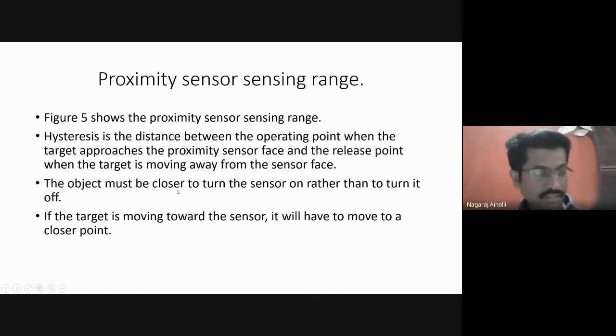The object must be closer to turn the sensor on rather than to turn it off. The object should be close enough that the sensor is able to detect it. If it is not within that range, the sensor will not be in a position to detect the presence of the object.